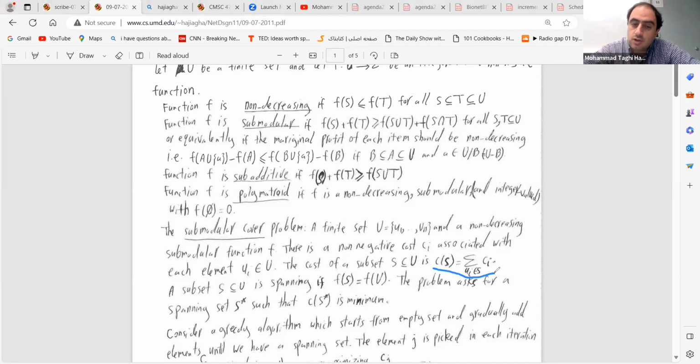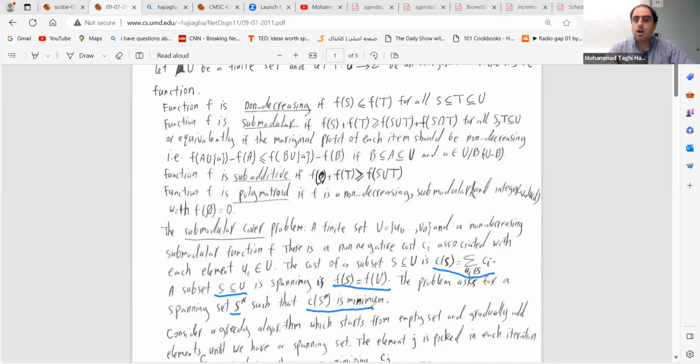This is additive essentially. A subset S of U is spanning if f of S is equal to f of U. Then the problem asks for a spanning set S star such that the cost of S star is minimum.